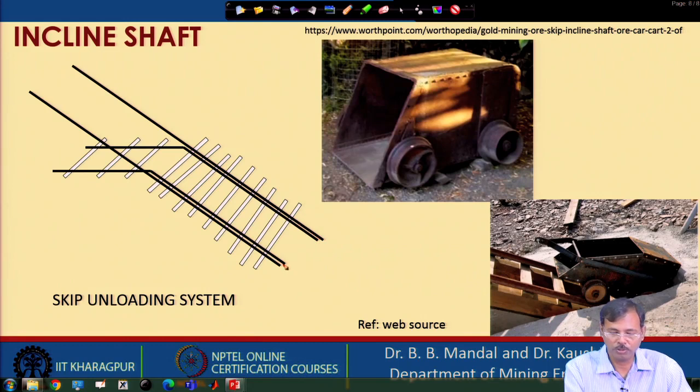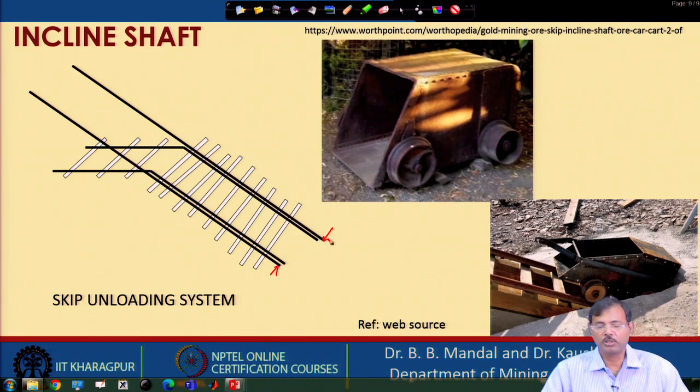So, we are having some additional lines outside the main line. When it was coming from the underground, these two original lines are there. These two additional lines are attached when we are going to unload.